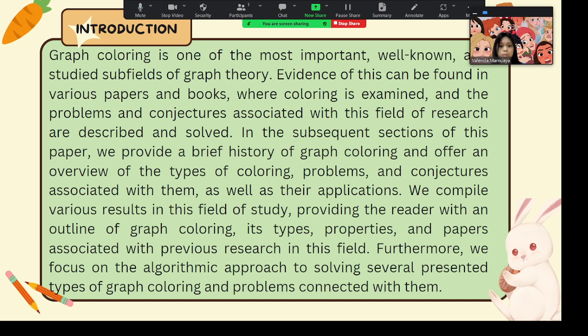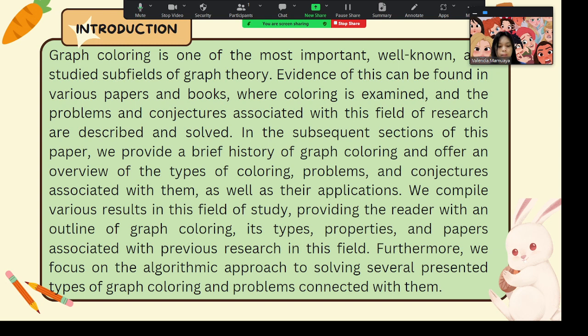In this paper, we provide a brief history of graph coloring and an overview of the types of coloring, problems, and conjectures associated with them, as well as their applications.